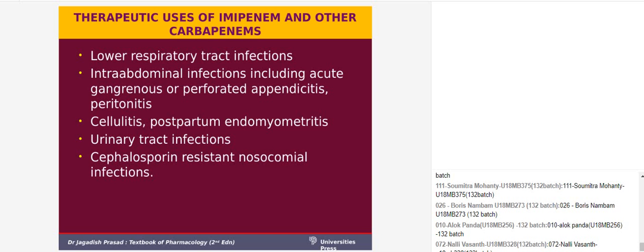So imipenem and cilastatin combined is useful for the treatment of infections caused by cephalosporin resistant nosocomial infections such as Citrobacter freundii and Enterobacter species. So they are used mainly in cephalosporin resistant nosocomial infections.